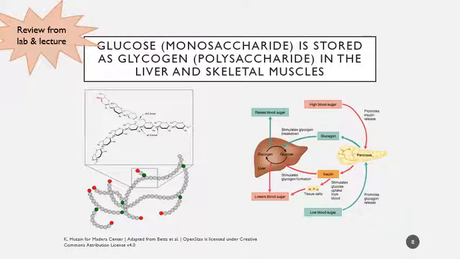It's a sugar, and it's stored as glycogen, a polysaccharide, in your liver and your skeletal muscles. I think a lot of us think about it as being in our liver. A big fraction of it is actually in our skeletal muscles. It's involved in that fight or flight response. But glycogen and these glycogenic and glycogen-related processes really do focus in the liver.